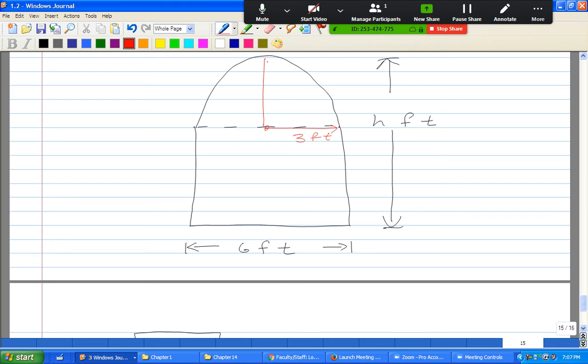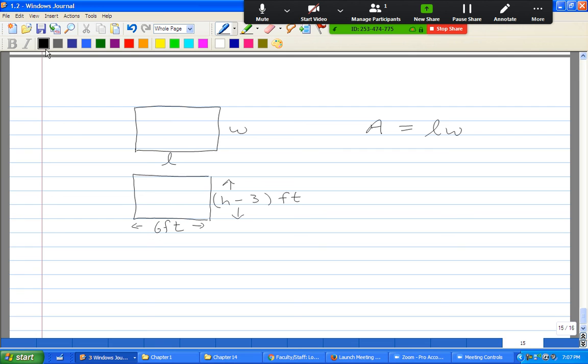And so this height here is 3 feet. And so if this distance here is h, and this is 3, then this must be h minus 3 feet. And so that's just h minus 3.